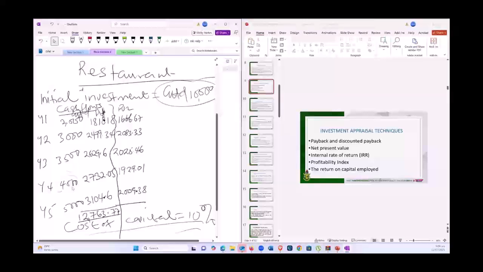I think it should be 39. 2,009.39. Okay. All right, so we have our present values.